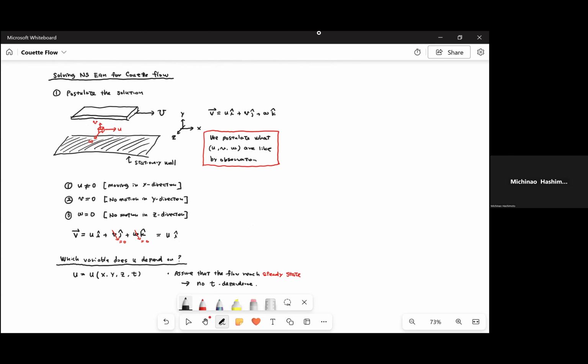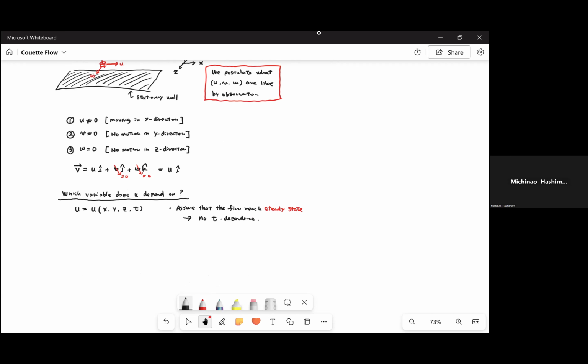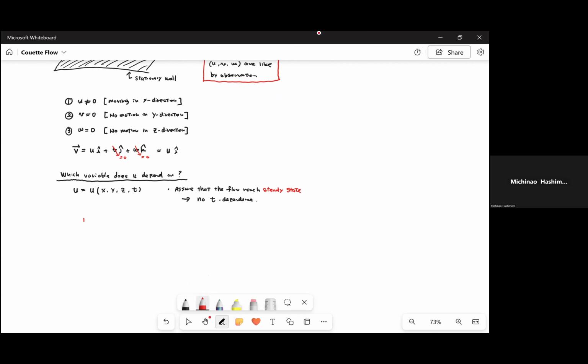Once they reach the steady state, each fluid particle should have the same velocity.